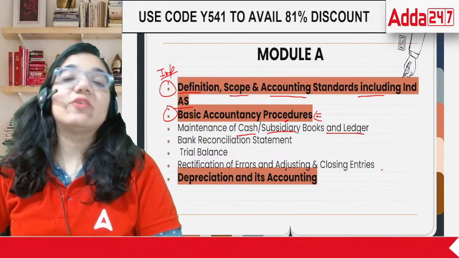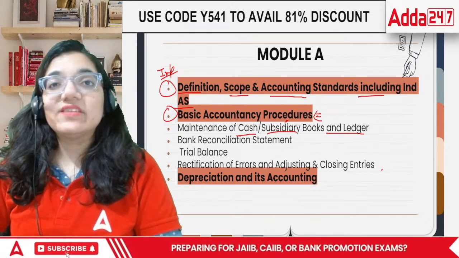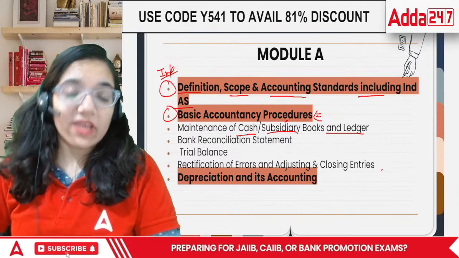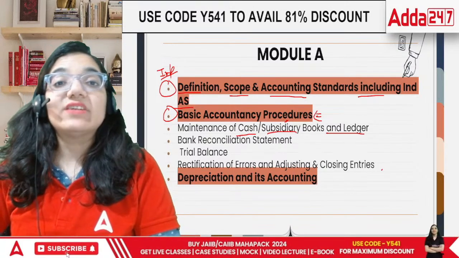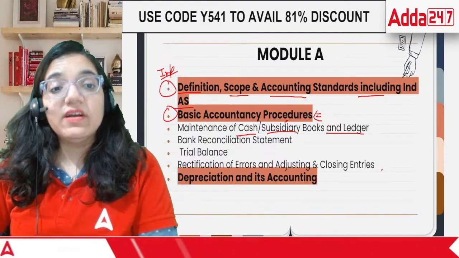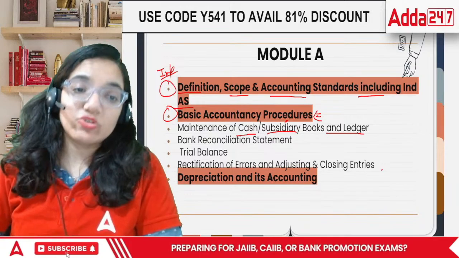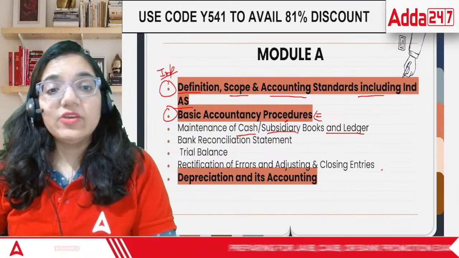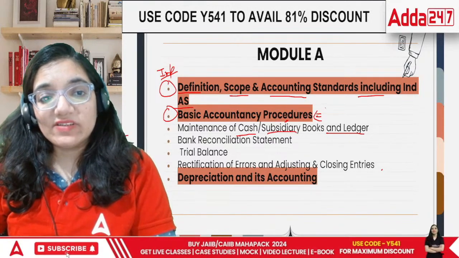So the first chapter is super important when you are understanding the basics of accountancy. The second point is basic accountancy procedure, which is very important for everyone, especially the ones who are starting with accountancy for the first time. So it's better that there is a certain sequence that you should follow. Then you should go with this chapter. Matlab, this is actually a sequence.